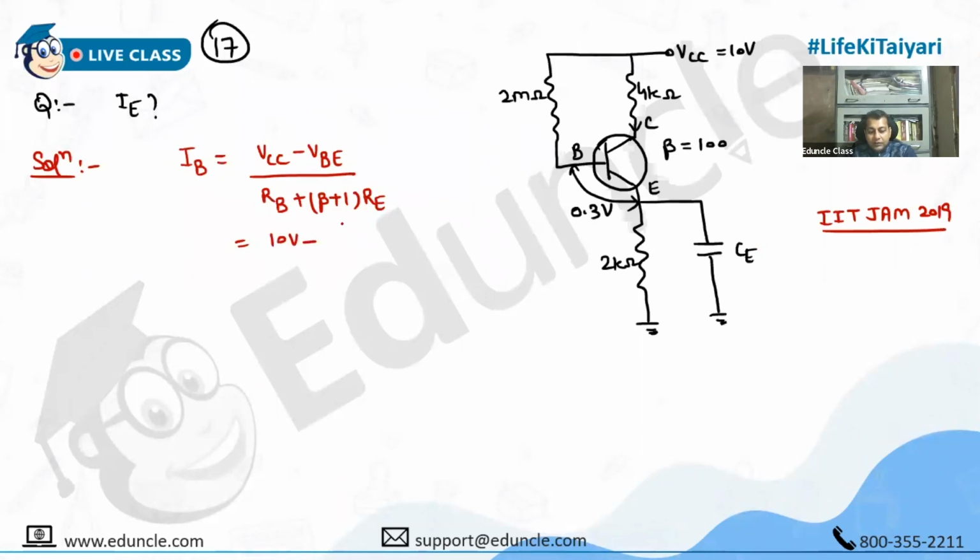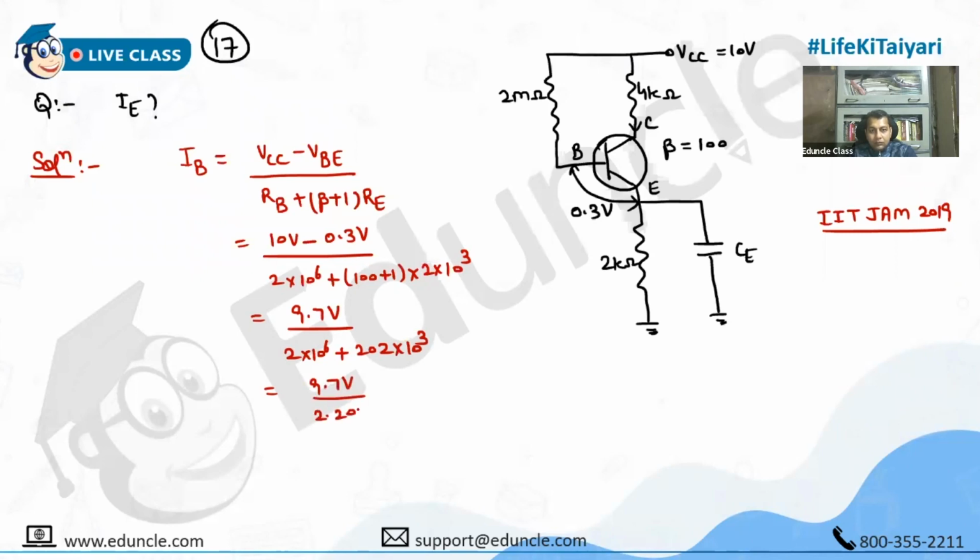Around near about that one. This comes out to be how much? This is how you can get IE.